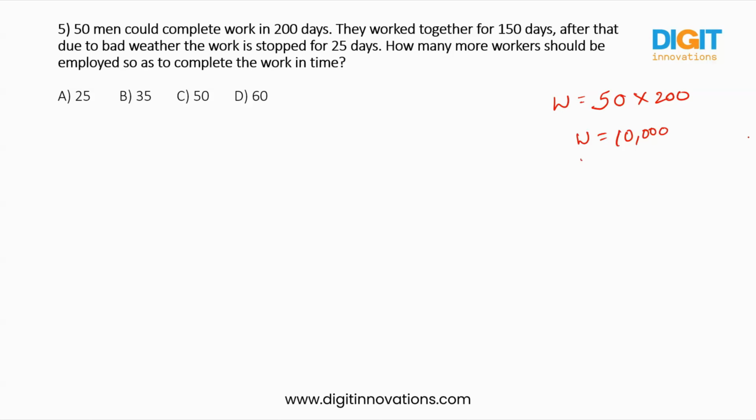So total work is 10,000. And in that, they worked for 150 days. So 150 days means how much work is done here? Could anyone tell me how much work is done here?